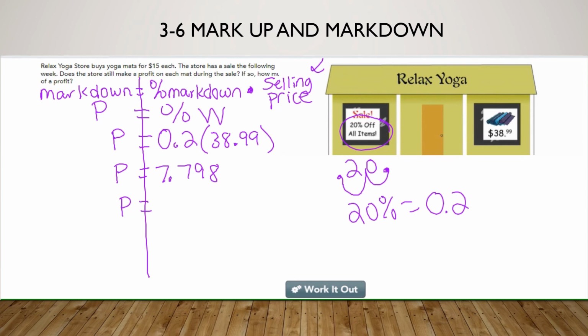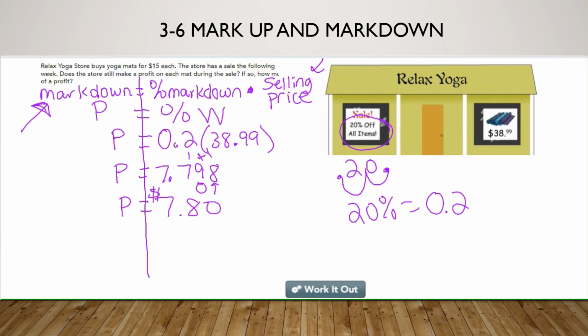When we round, we look here and then here. 5 or more, raise the score. 4 or less, let it rest. So the 8 is 5 or more, so we're going to increase this 9 by 1. So you have to make sure you carry the 1. So this will be $7.80. So that will be our markdown. We're marking it down $7.80.